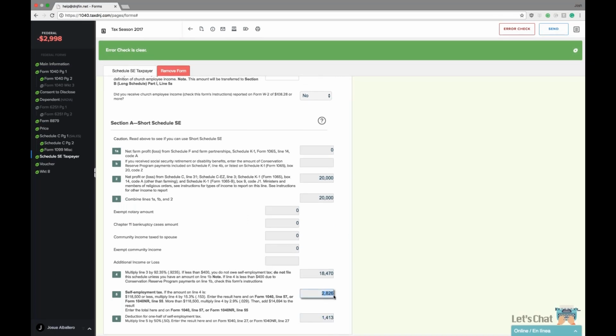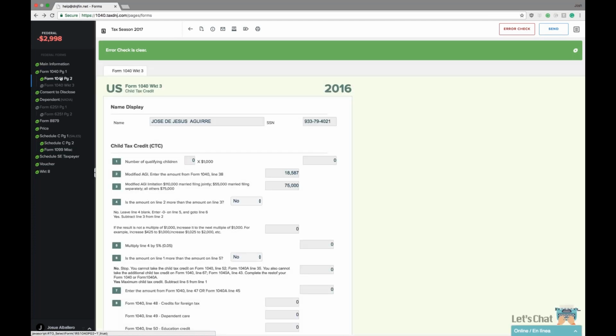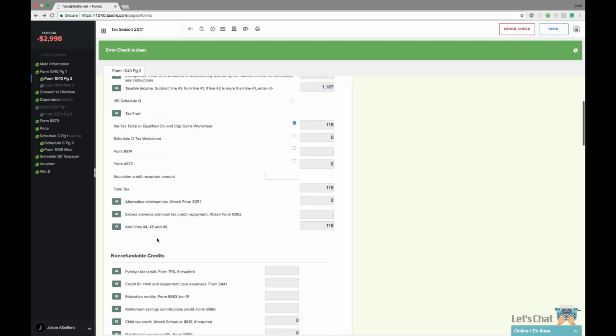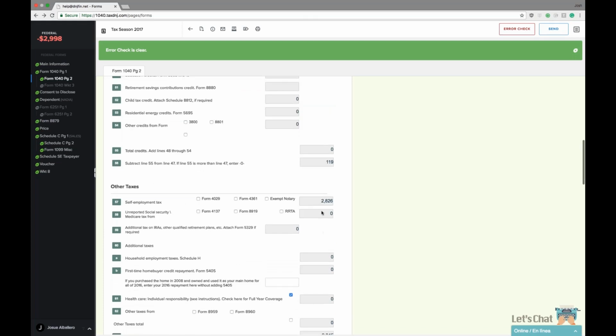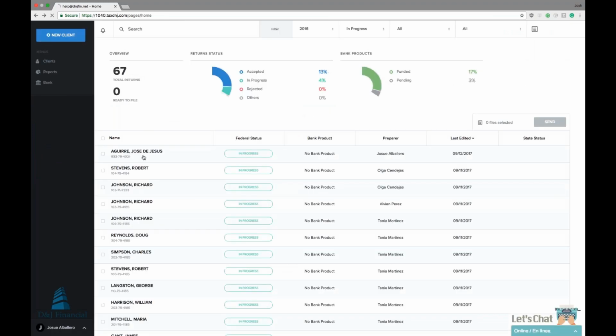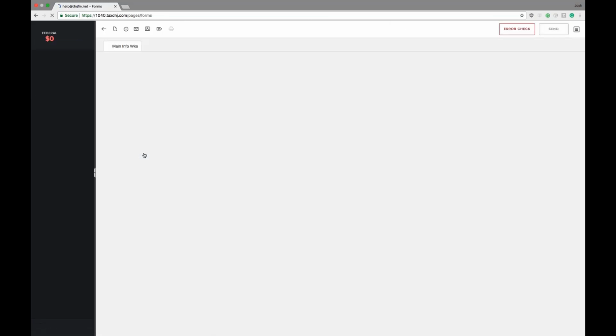He now owes 28.26, right? That's the 15.3% right there. And the other part, we will see it here when we go to line 2. Now the customer has $119 of taxable income, and he also has self-employment tax of $28.26. Again, there's no way of escaping this. Let me go back into the return.